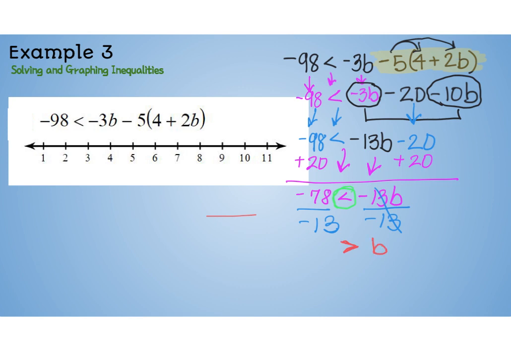And a negative divided by a negative does give me a positive. So I'm going to divide 78 divided by 13. And that's going to give me positive 6, right? And that's my solution.